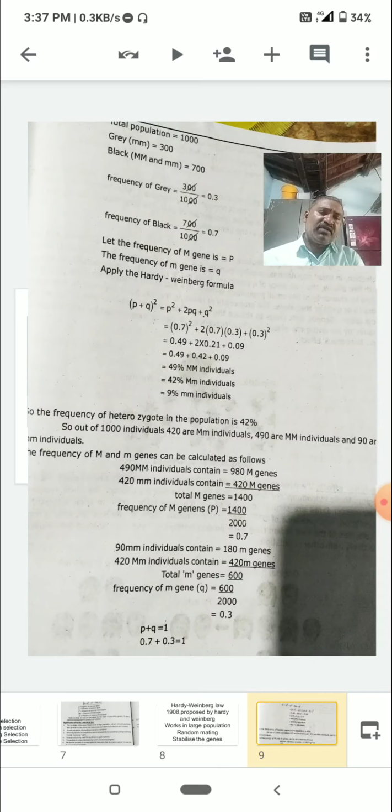Stabilizing selection occurs in populations, for example mortality rate in 8 pound babies in England. The overweight and underweight babies die, and the average weight babies survive.